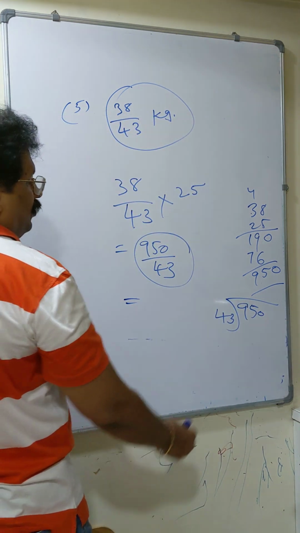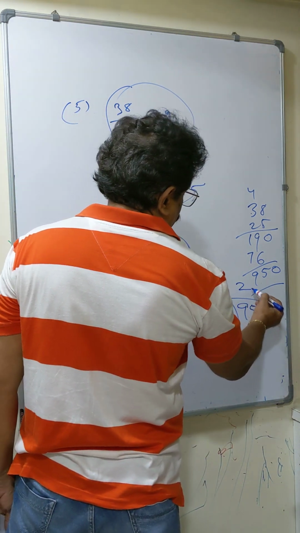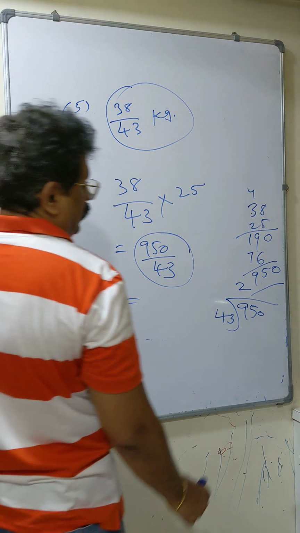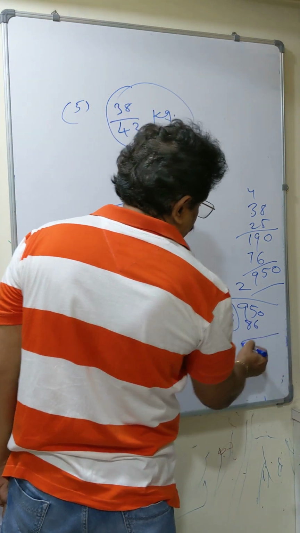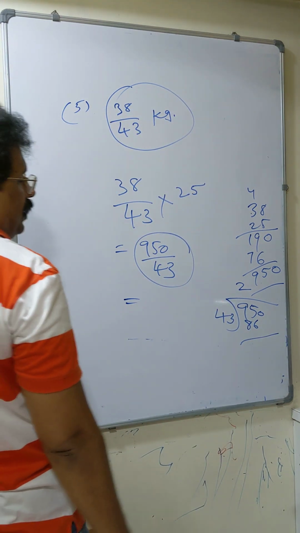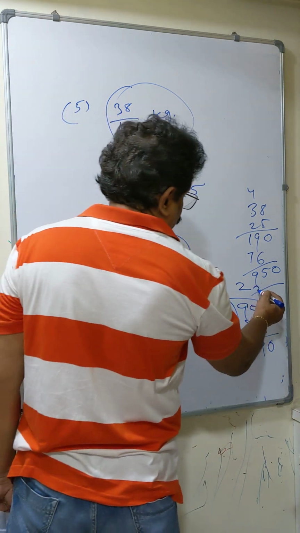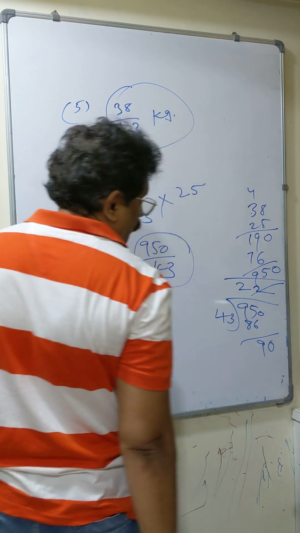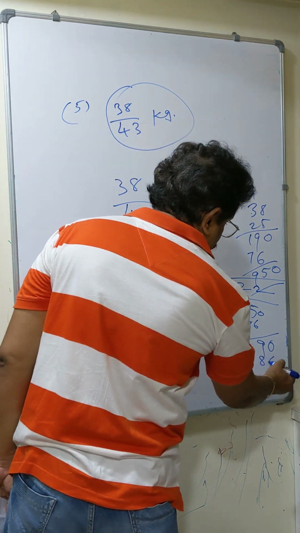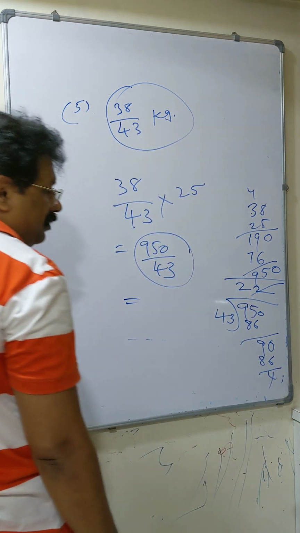So 43 2s are 86. 4 9s are 90. Again 43 2s are 86. 4 is the remainder.